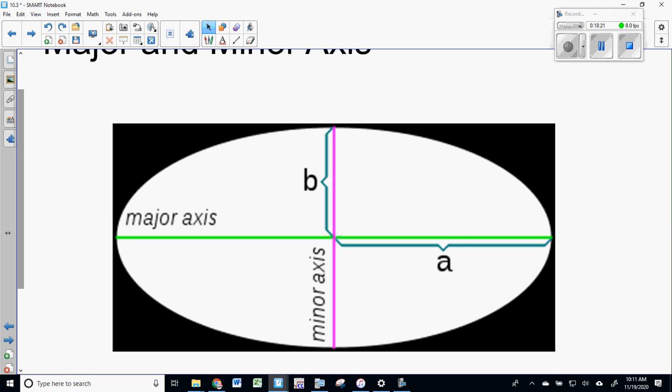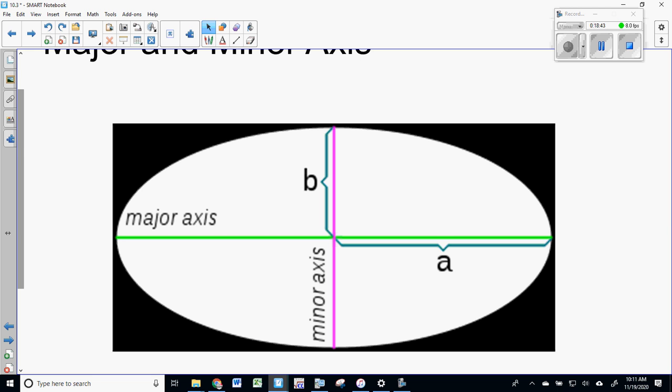The minor axis is the short one. As we go further, we'll know certain pieces of information about these. They'll give you something and ask you to find the equation, and this is how we're able to do that with the major and minor axis.